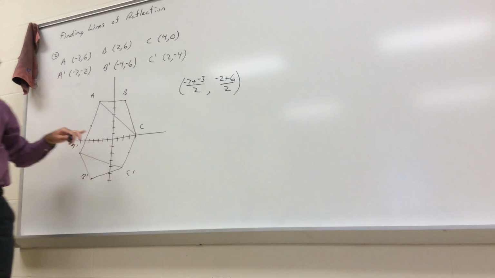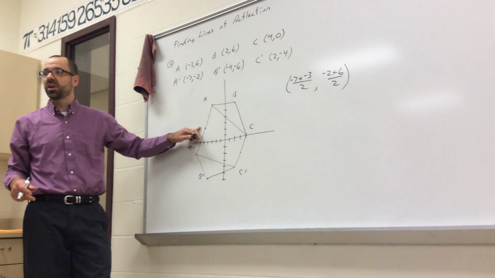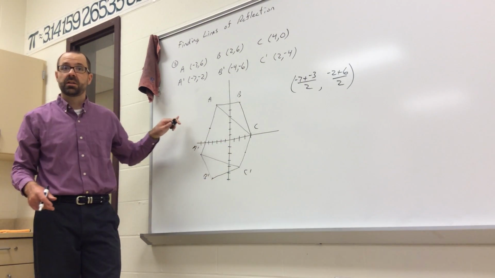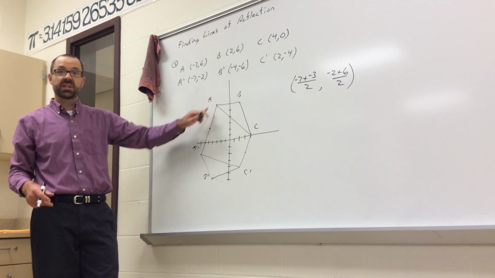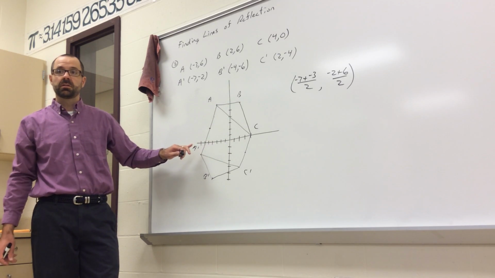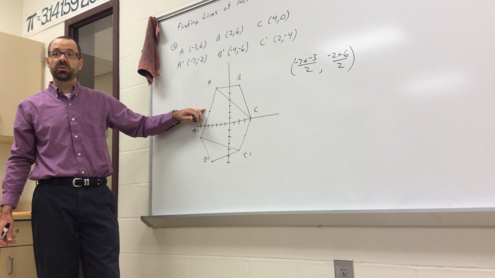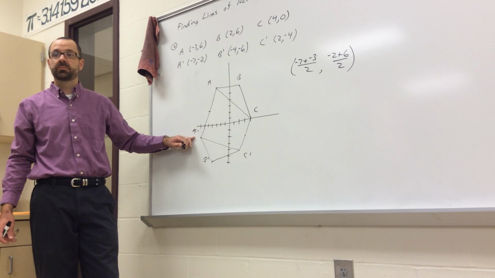So I'm figuring out the midpoint because we know that the reflection line is going to go through the middle of the connector line. So I'm finding the middle between A and A prime.